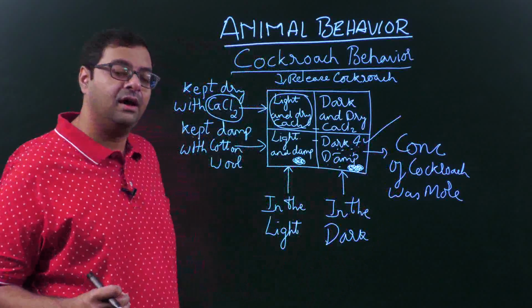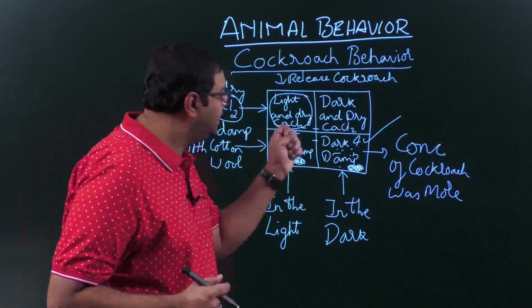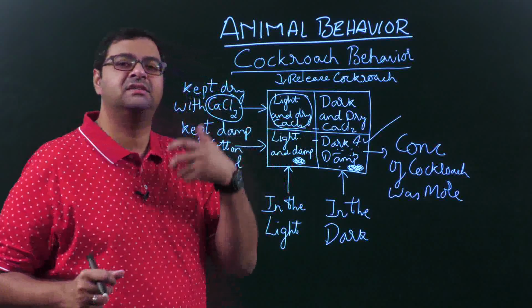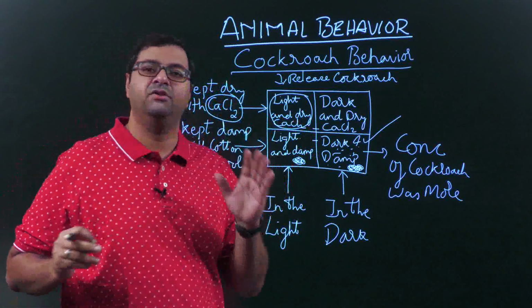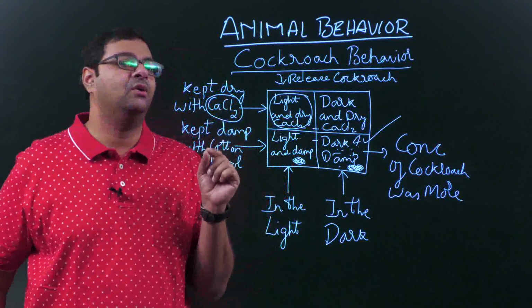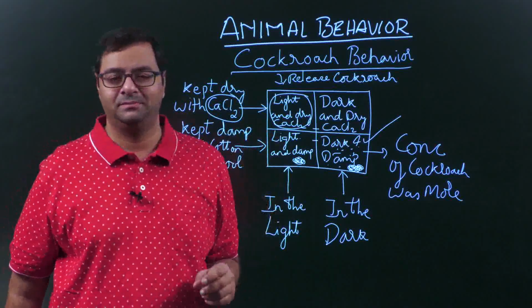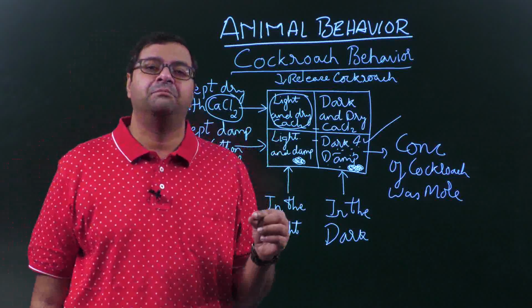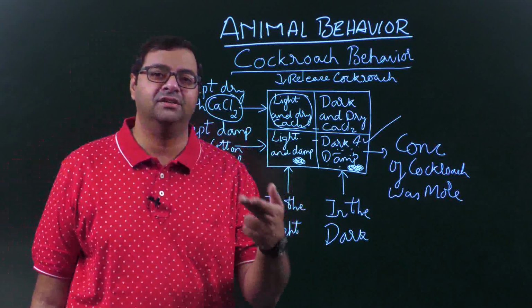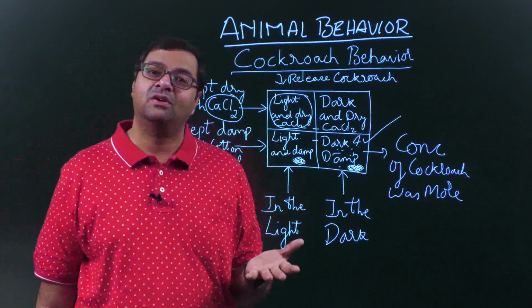Once they understood this, they made a statement that cockroaches prefer dark and damp conditions. Now you might have seen cockroaches coming out of pipes, or present in the drainages. Why are the cockroaches coming there?